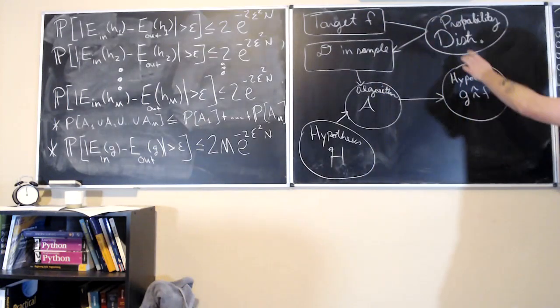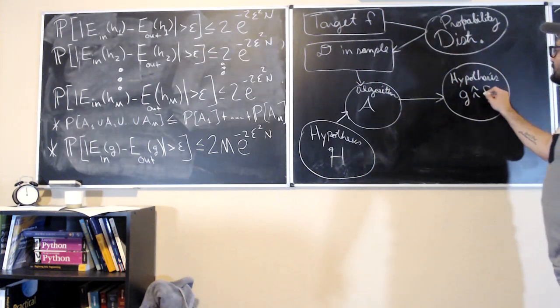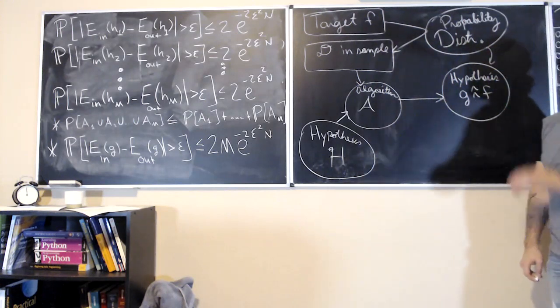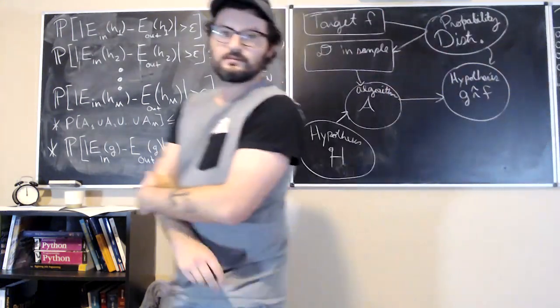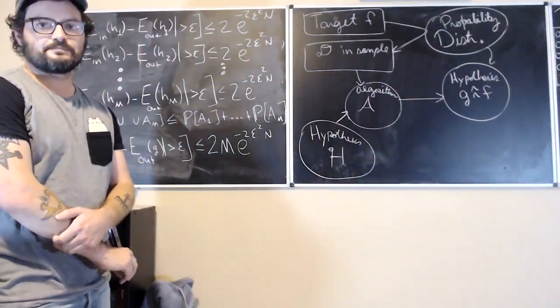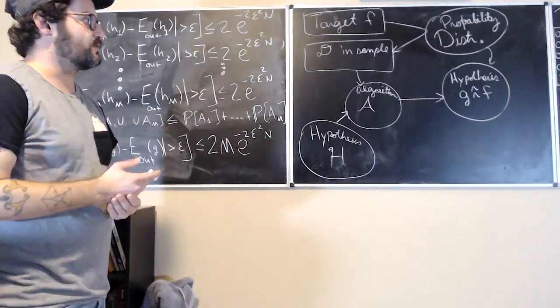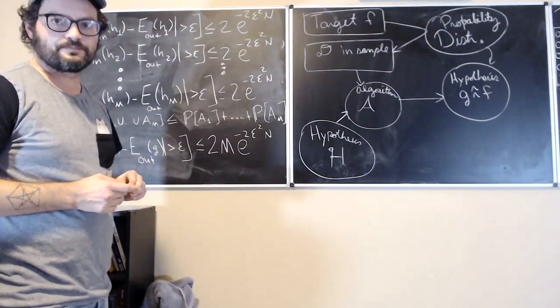And the probability distribution that we have also contributes to our target function f and how well our g approximates that target function. Okay. So this diagram is different than the book I'm using, but this is how I view it.